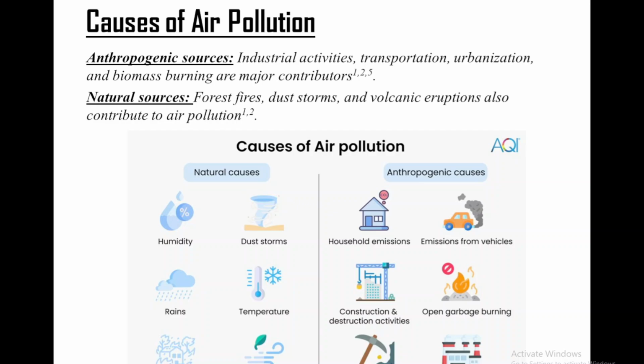Broadly, the causes of air pollution can be categorized into anthropogenic and natural. Anthropogenic or human induced sources are the primary contributors in urban and industrial areas. These include emissions from vehicles, industrial activities, power plants, construction as well, biomass burning, that is stubble burning, and even household cooking using fossil fuel.